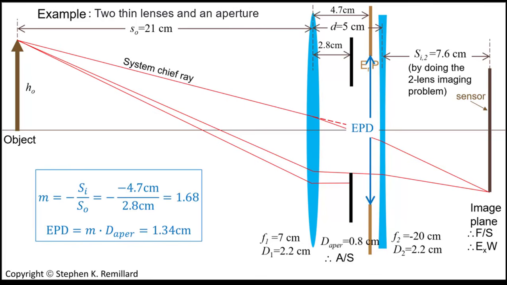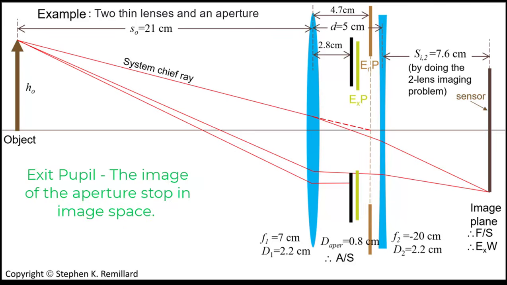The entrance pupil's diameter, or EPD, is commonly used as the definition of the system aperture. You can find the diameter of the image of the aperture stop by finding the magnification of that image, M, and multiplying it by the diameter of the physical aperture, which in this case is 0.8 centimeters.